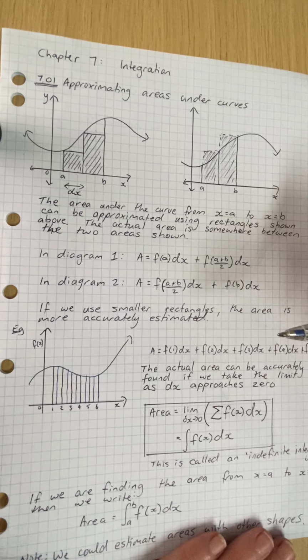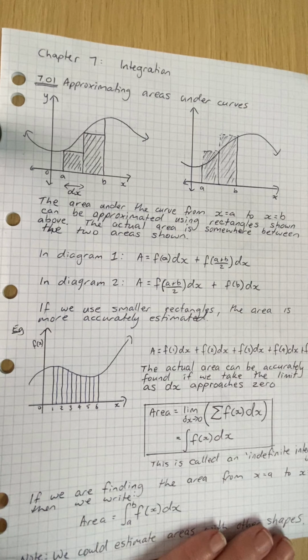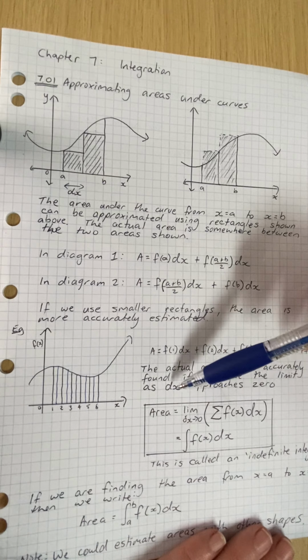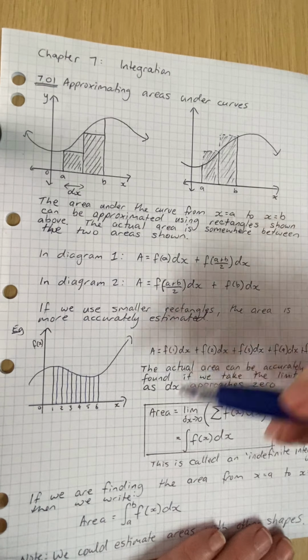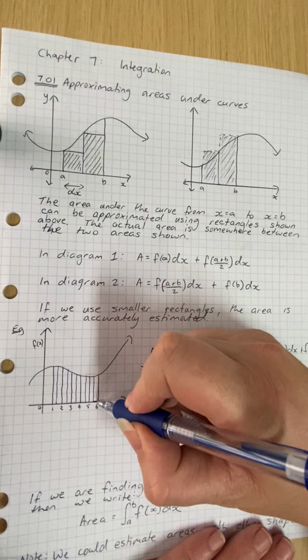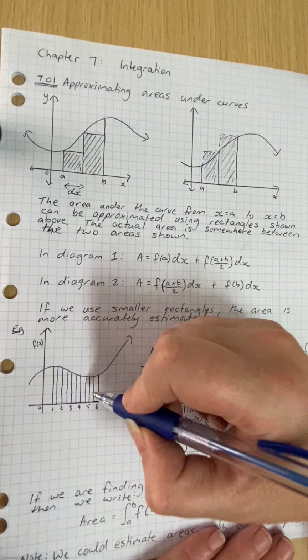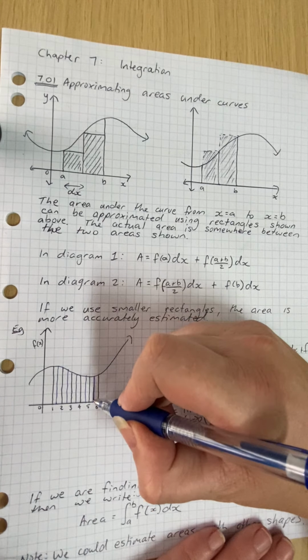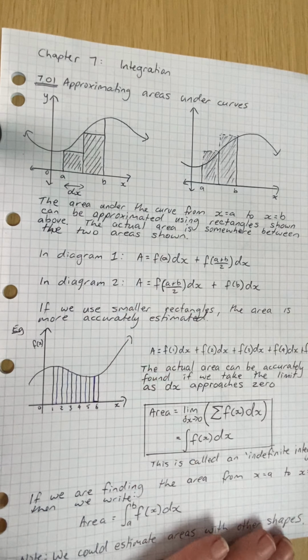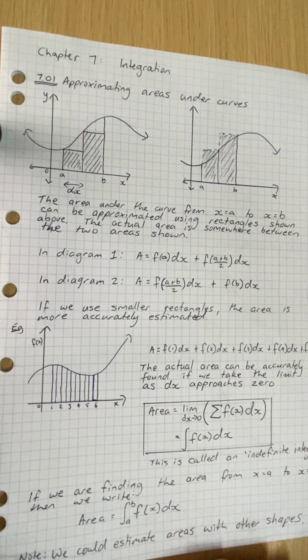So the actual area under the curve can be found extremely accurately, in fact 100% accurately, if we take the limit as dx approaches 0. So as the width of this rectangle approaches 0, multiplied by the height of the rectangle would give you the actual area under the curve.